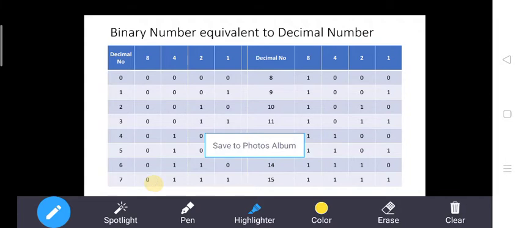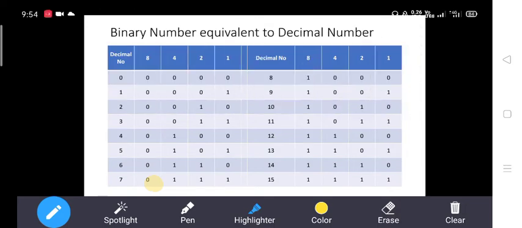If 0 is written at the MSB position, it does not have any importance. So I can skip this 0 and consider only 3 digits, that is 4 2 1. Or we can simply say that to represent any octal number, we can use only a 3-digit binary number. So I use only the terms 4 2 1.